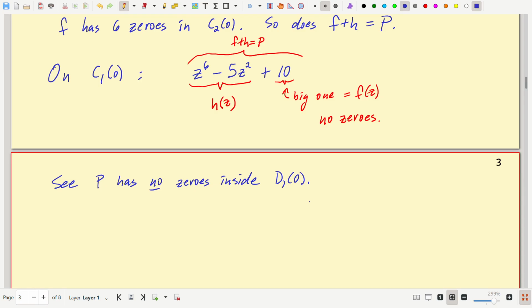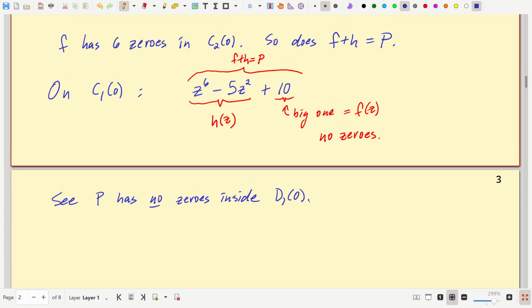Let's see, on C1. So you're thinking that my C1 has something to do with me and my dog. The paths that I was drawing there was the path of me going around and the path of the dog going around, and those don't have anything to do with the original circle.